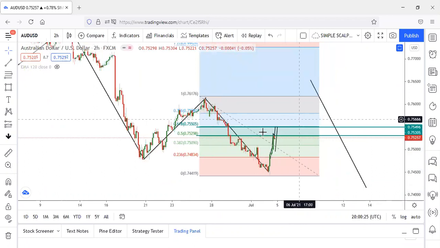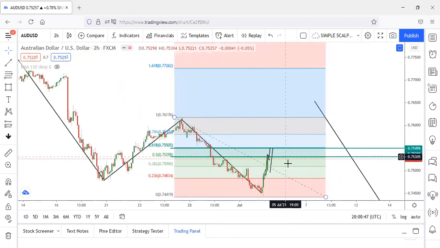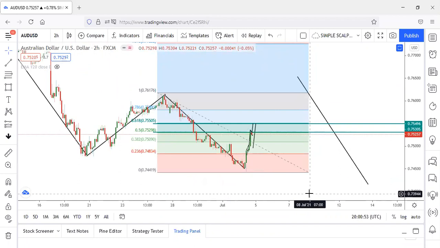I'm expecting this pair, although I haven't done the in-depth top-down analysis to be sure it's ready to keep going down, to come up to 61.8 and react from that level and come down, either breaking the structure and continuing down.